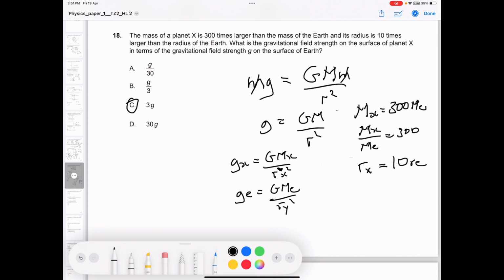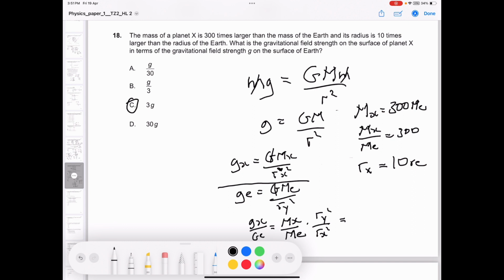So if we divide the two of these, the g's cancel, and we get gx all over ge is equal to mx all over me times re squared all over rx squared.